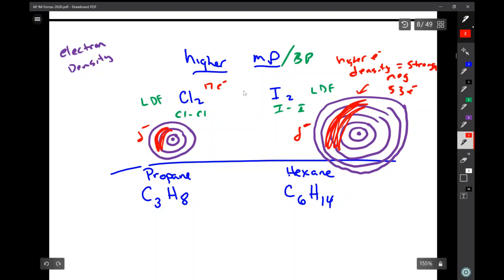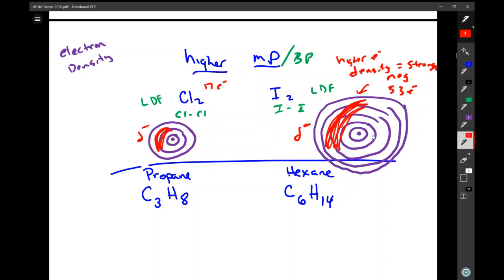Where you have a lower electron density, fewer electrons and fewer protons, it's not that strong of an attraction, so that's going to be weaker. So yes, iodine's bigger, but it's more than just bigger. It means you have more electrons, which gives a stronger negative charge, and more protons give a stronger positive charge. That's how it works.